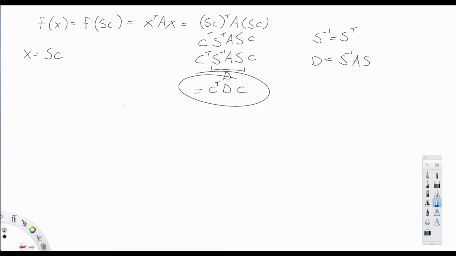With this definition, remember that the eigenvalues are on the diagonal of this matrix D, and we can now rewrite f of x in a very specific way. That really is an exciting result. f of x is equal to x transpose a x, but it's also equal to c transpose d times c. So what is c transpose d times c? Well, d contributes a lambda to each term. So for the first term, we get lambda 1.